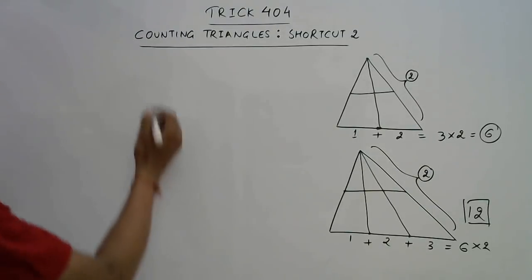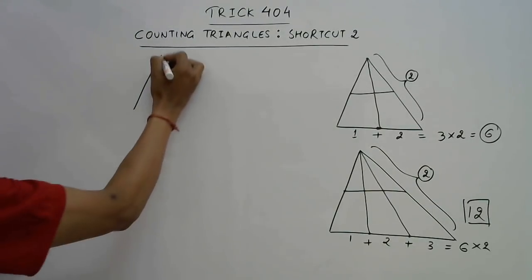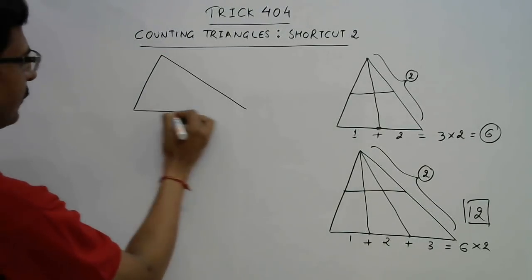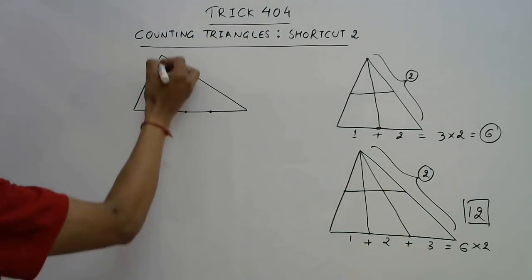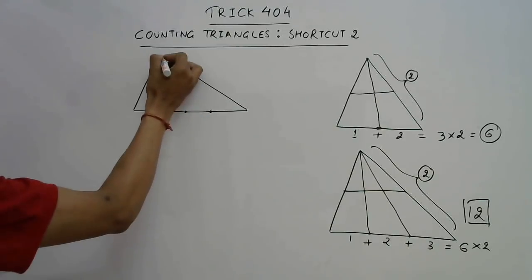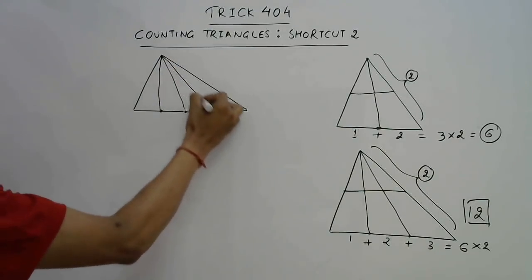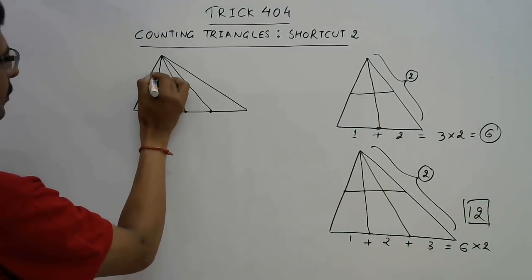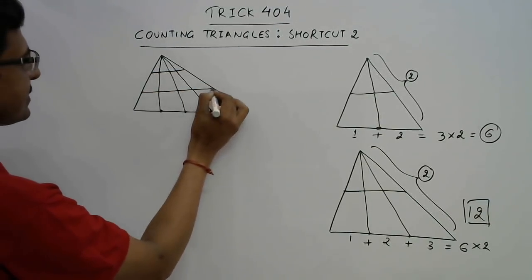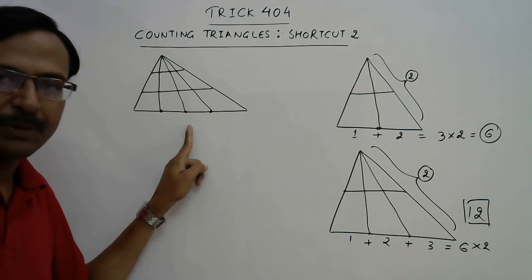Let's have one more figure. This time we have the base divided into 4 parts like this by using these lines, and we have 2 parallel lines like this. Now the things become a little bit serious.